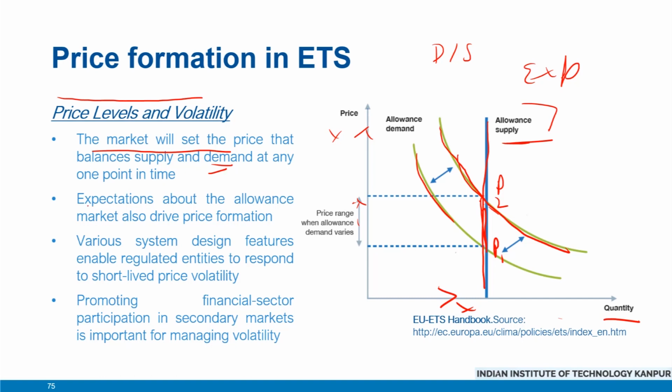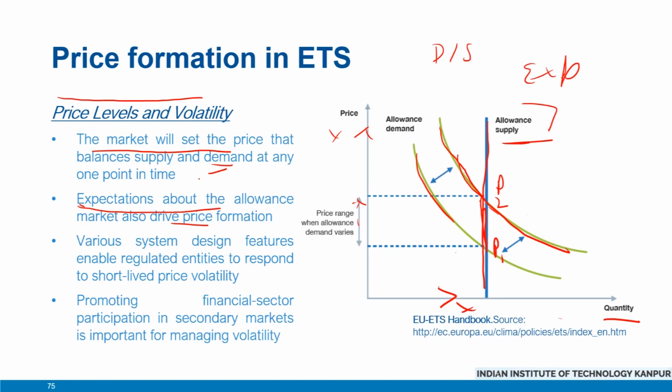The next factor is that expectations about the allowance market also drive formation of price. For example, a low interest rate environment will reduce the cost of purchasing allowances today for future use and increase banking demand. In contrast, regulatory uncertainty over the future of the ETS will temper such demand.